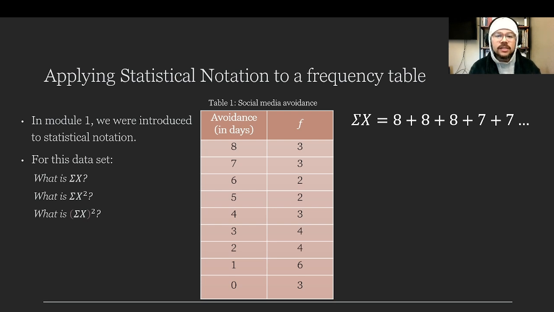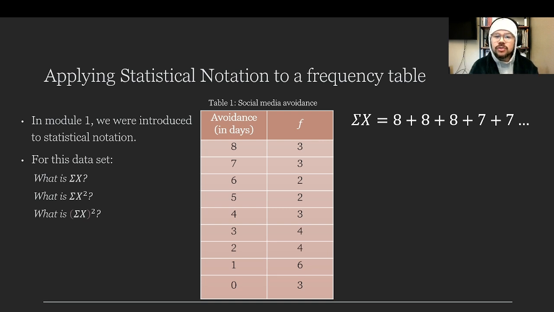So to calculate the sum of x for this table of data, we are going to add 8 together 3 times, 7 together 3 times, 6 2 times, 5 2 times, 4 3 times, 3 4 times, 2 4 times, 1 6 times, and 0 3 times. Don't leave these people out. I understand that they're zeros, and you might think to yourself, well, when I'm adding 0 to a total, then it doesn't add anything.